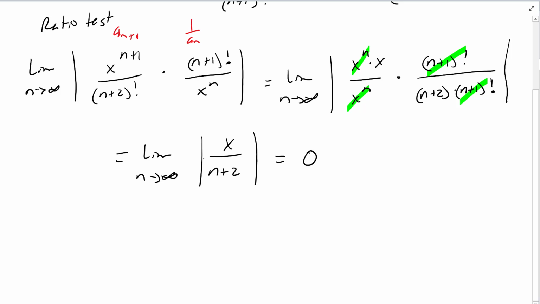It doesn't matter what number you plug in for x. If you plug in 5, 10, 20, square root of pi, this limit's going to be 0. So this is true for all values of x.